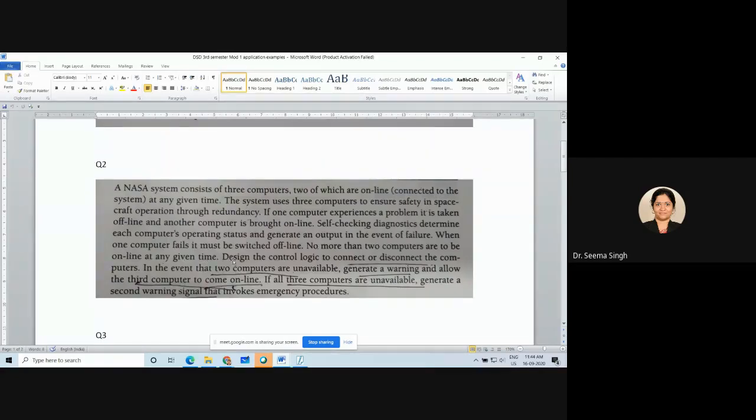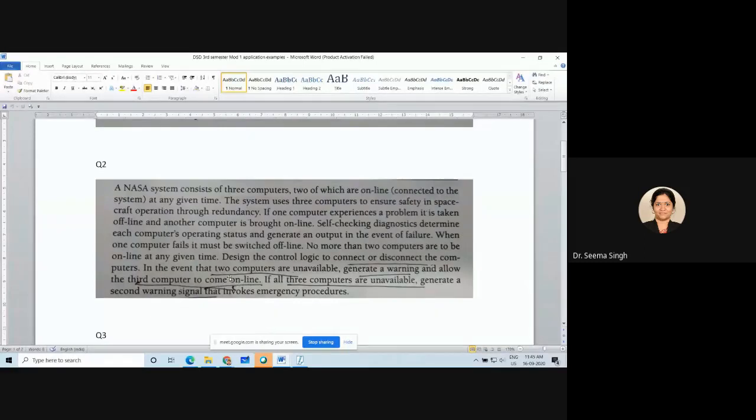Now the question says design the control logic to connect or disconnect the computer. Okay, and if two computers are unavailable, this is a warning. Two computers are unavailable means one computer is still working. Okay, but you need to generate a warning and allow the third computer to come online.